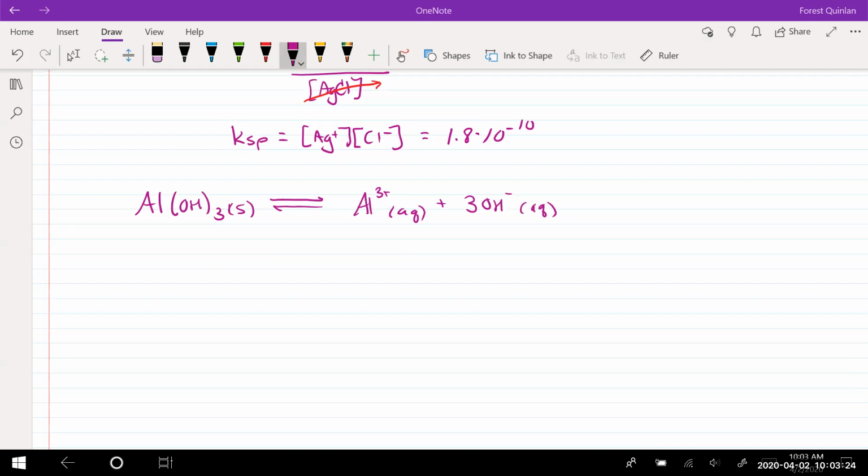Let's see if you remember how this is done. I know it's been a way back machine. Ksp is equal to what? Well, it's supposed to be the reactants, I'm sorry, the products in solution, right? So they have concentration Al 3+, and concentration OH minus.